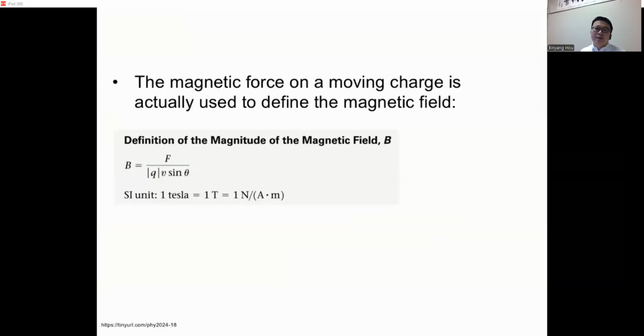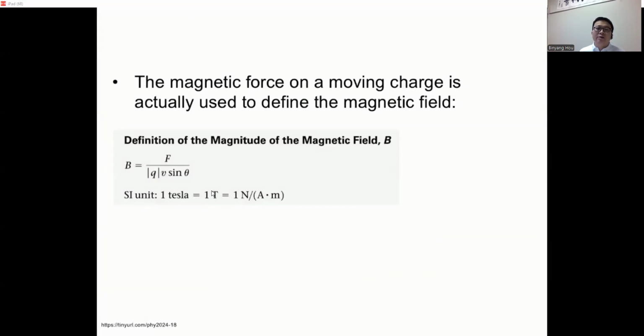For magnetic field, the SI unit is Tesla. Yes, it's the car company Tesla. I guess it's named after a scientist called Tesla, who made a lot of contributions to the field about 100-something years ago, probably.